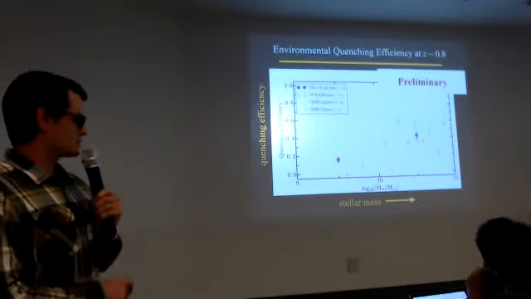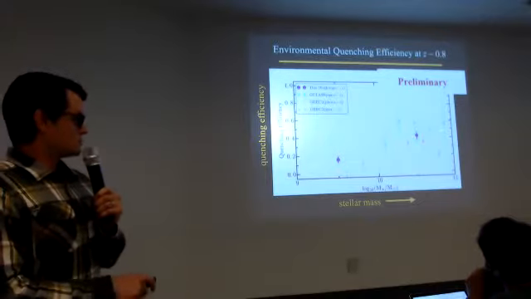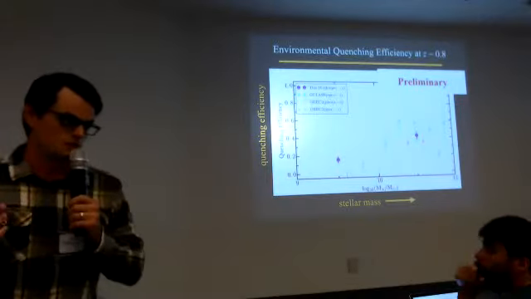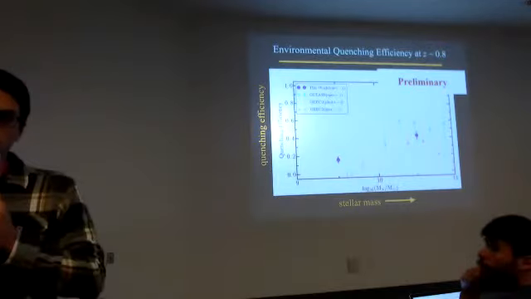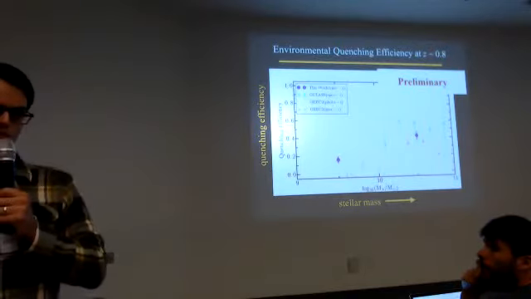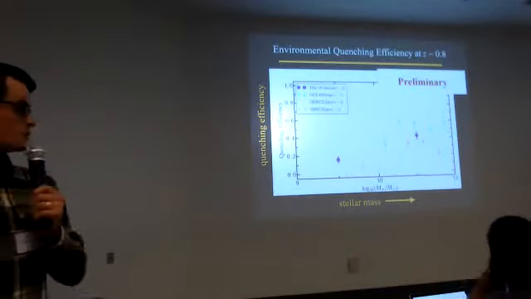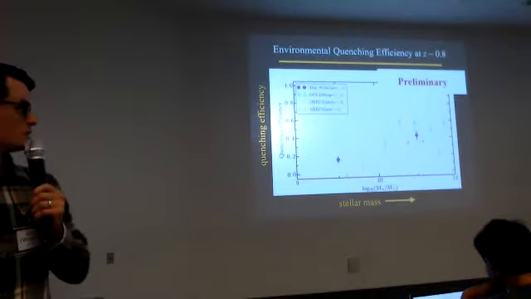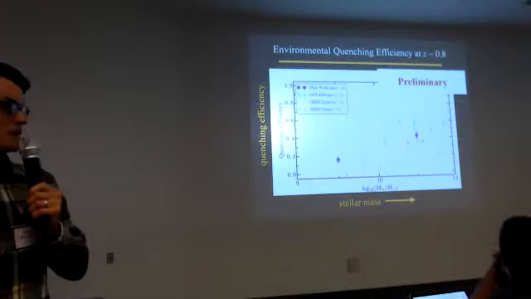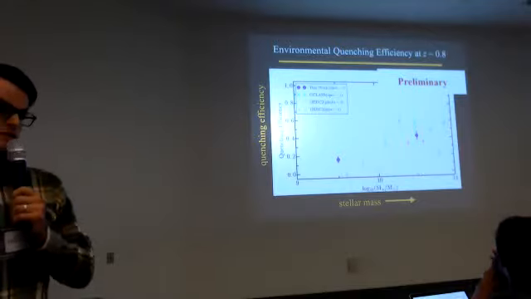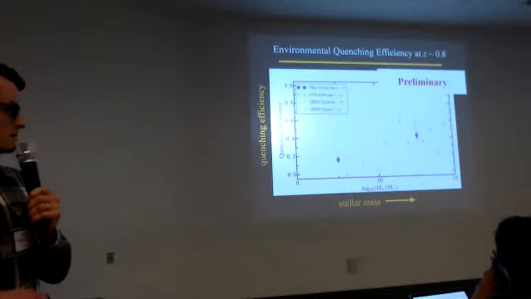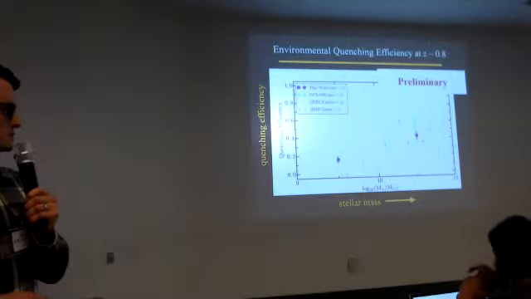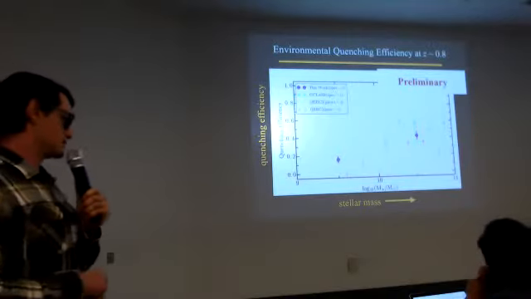And this trend seems to be very consistent with the trends that were required in Stacy's data to reproduce the mass functions in these environmental regions in the ZFOURGE data. So this non-uniform quenching efficiency seems to be apparent in our data as well.